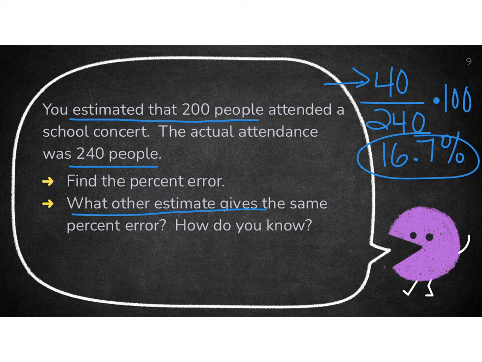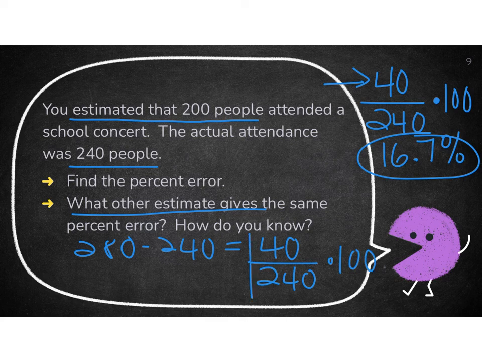We could still have a difference of 40 with it being an overestimate. So since the actual attendance was 240 people, if we had estimated 40 people over that, 280, that would give us the same amount. I know that it's going to be the exact same amount because 280 minus 240 still gives us 40, and would still divide that by 240 and multiply by 100, which is the exact same calculation I computed the first time to get 16.7%.